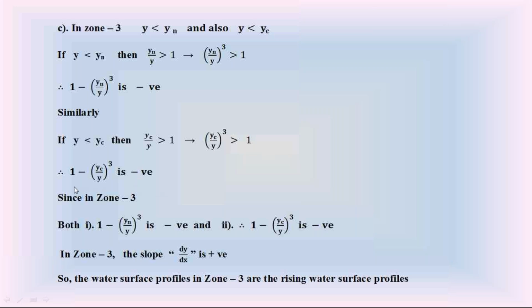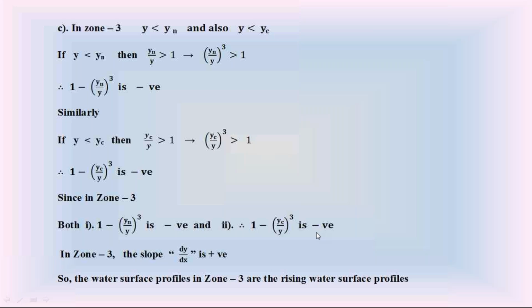You know that this is the denominator in the dy by dx equation. So in zone 3, the numerator is negative and also the denominator is negative. Check this calculation carefully.